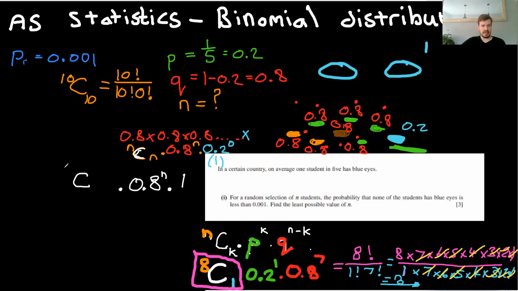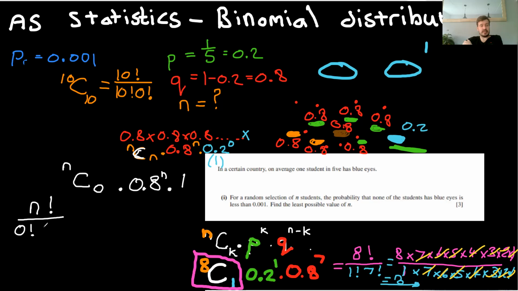It would be n choose 0, because we're looking at the probabilities of success, so no blue eyes. If we were to write this out longhand as we did here, this would be the n factorial over the 0 factorial, which is choosing no one with blue eyes, and then n minus 0.